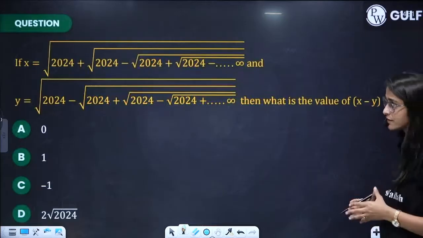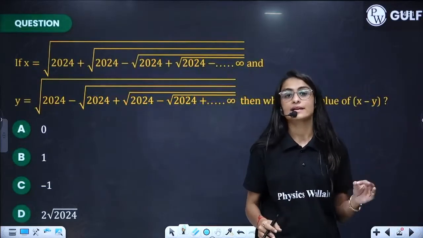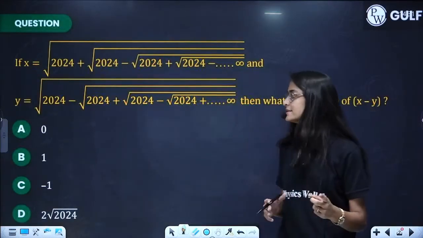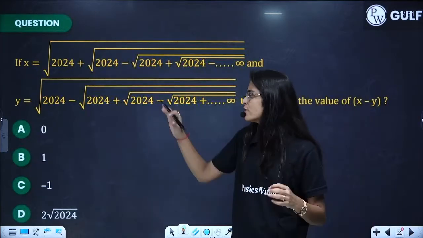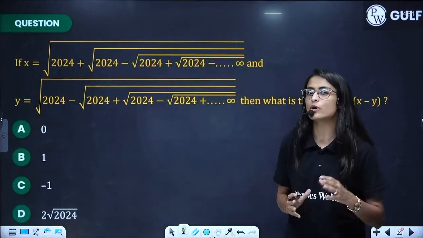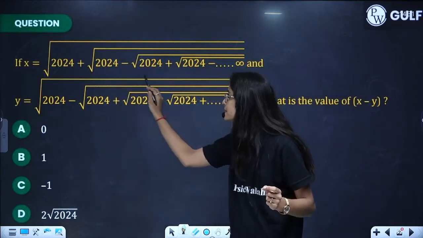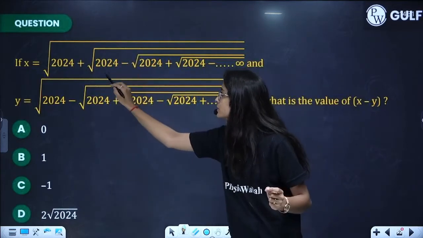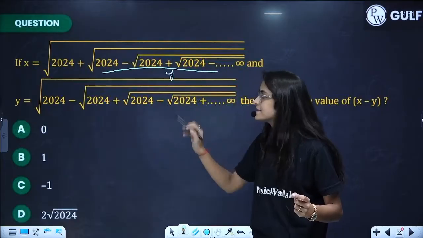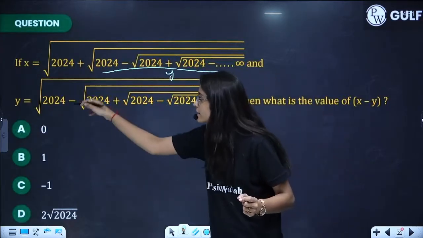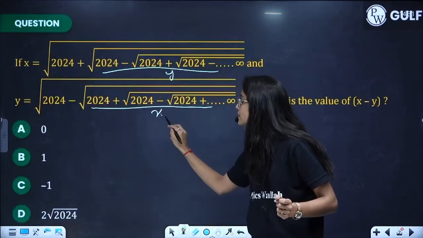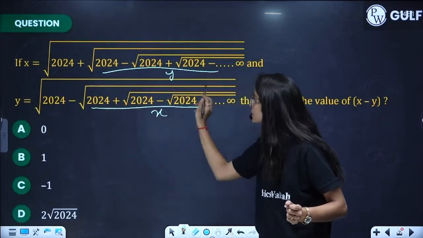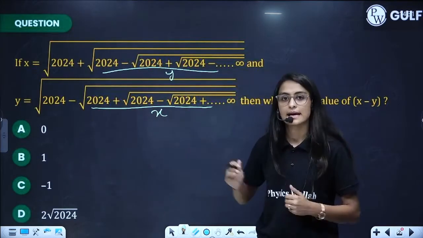Here is our first question where the values of x and y have been provided. Let's see what we have to find, the value of x minus y. If you observe x and y carefully, the term later on is y itself. And when you observe y carefully, the term preceding is x.